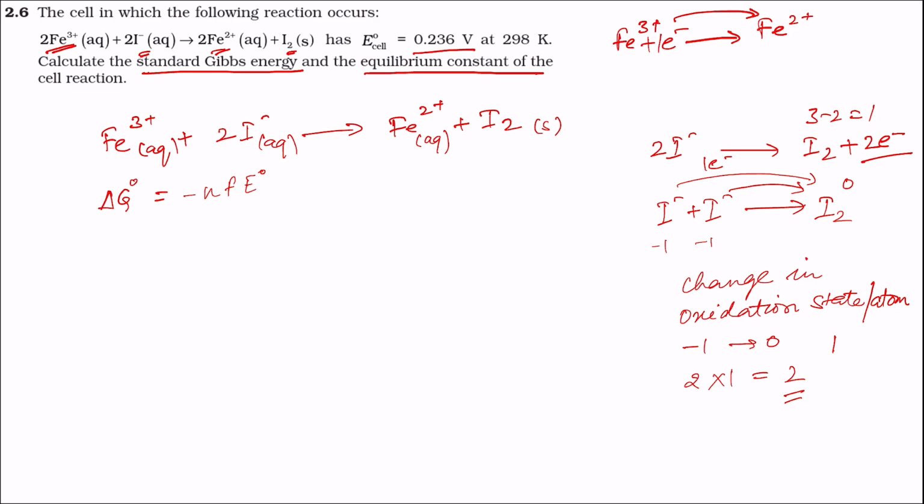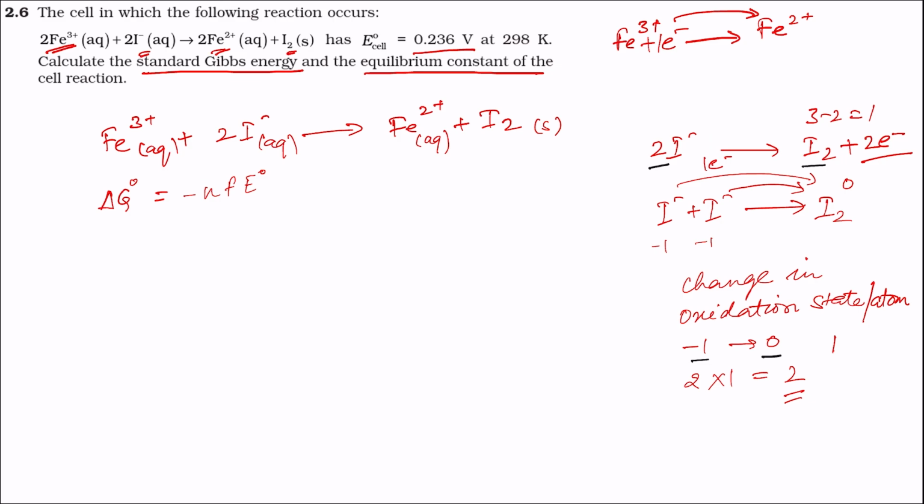Now in this reaction, when iodide ion changes into iodine, the change in oxidation state is from minus 1 to 0. So there is increase in the positive oxidation state, therefore this reaction is oxidation half reaction and it will involve loss of electron. So 2 iodide ions changing into iodine with the loss of 2 electrons.